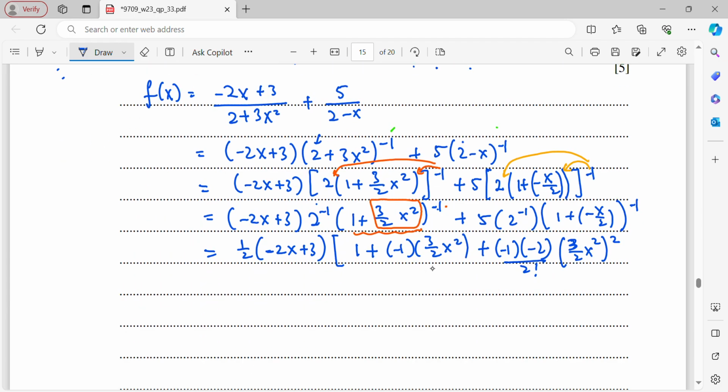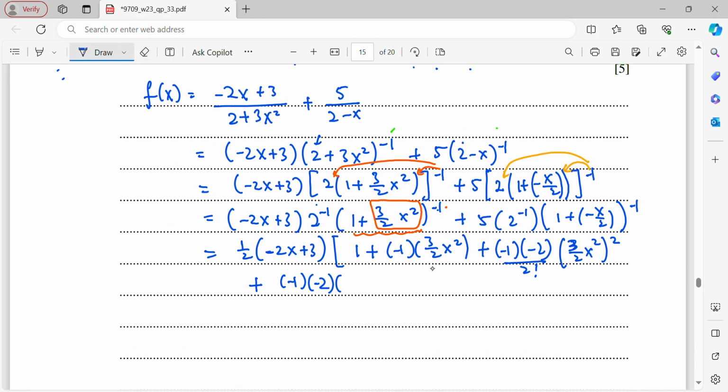And then plus n(n minus 1)(n minus 2): minus 1 becomes minus 2, then minus 2 becomes minus 3, over 3 factorial, then the new x cubed.